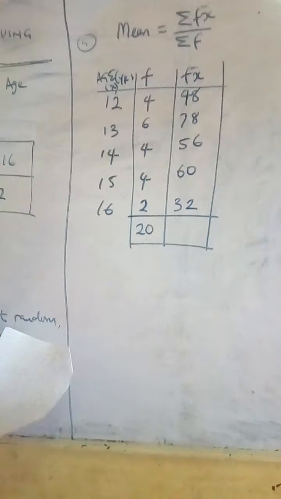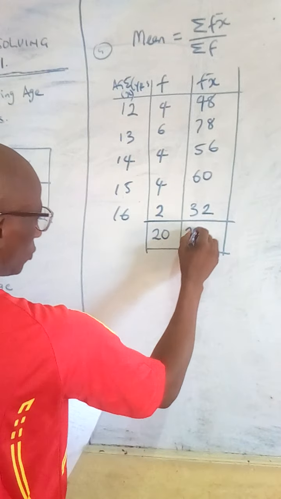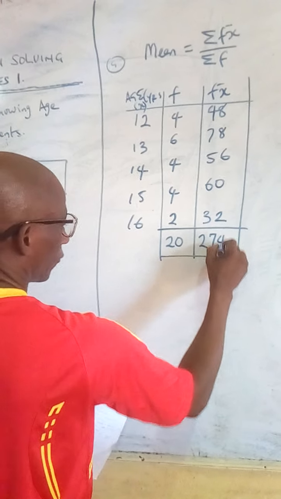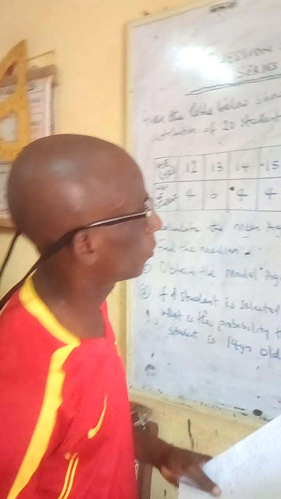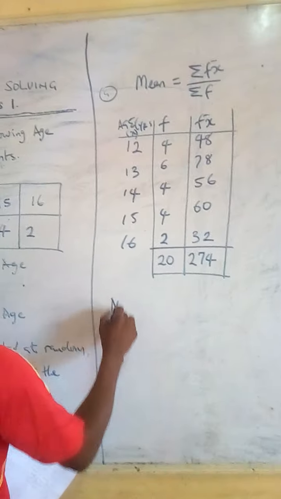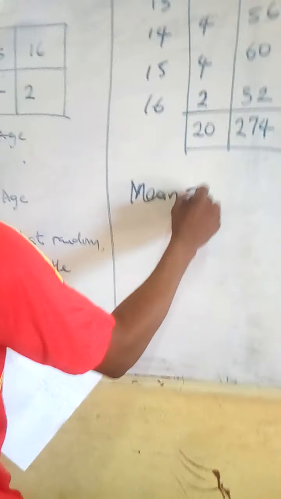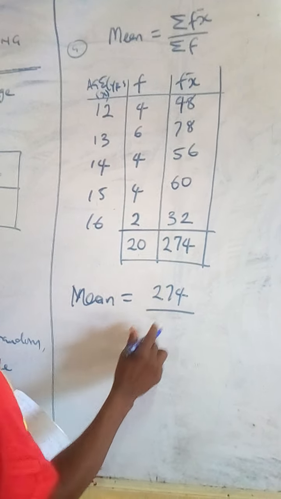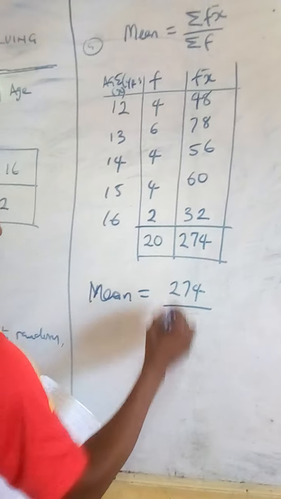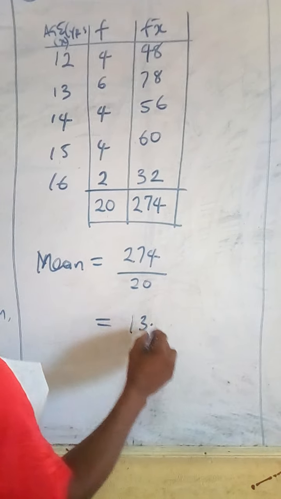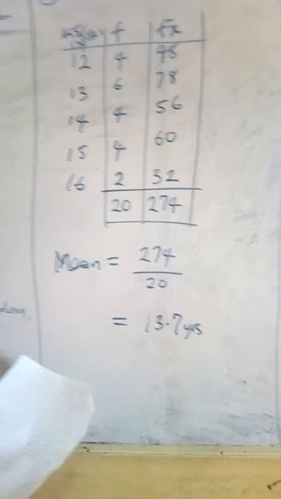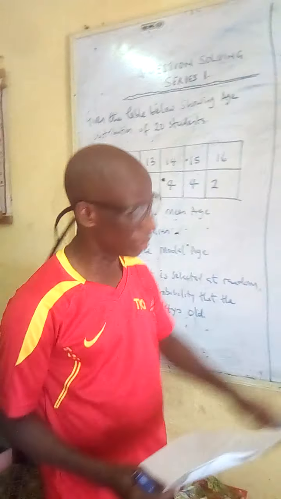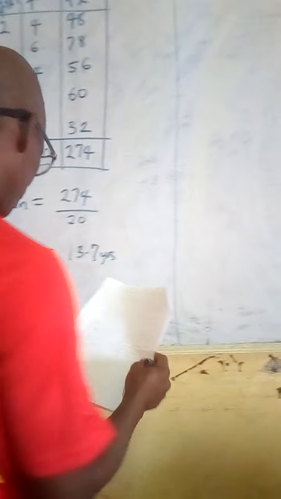When we sum all of this together, we arrive at 274. Now, to calculate our mean, going by the formula, mean is equal to summation fx, which is 274, divided by summation f, which is 20. When you reduce that to the lowest term, we have 13.7 years. We are not asked to approximate, so we'll leave our answer in that form.